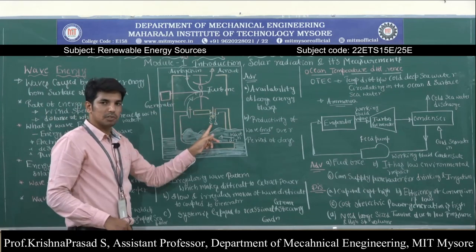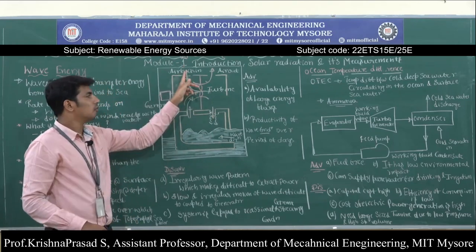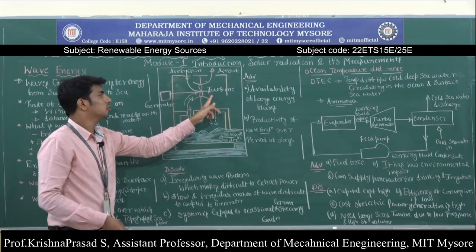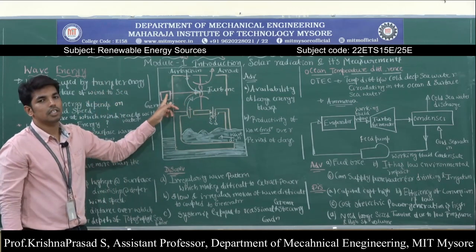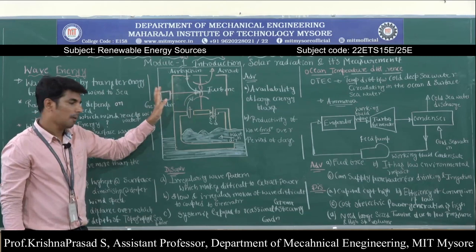When water drops down, suction is created, then air flows back into the upper chamber, and again this pushes the turbine and runs the electrical generator, and electricity is produced.